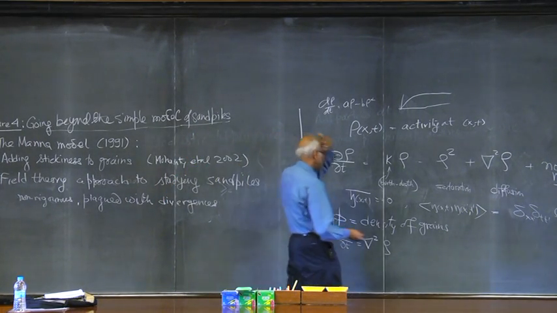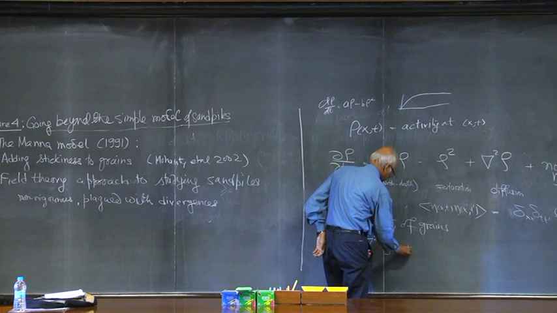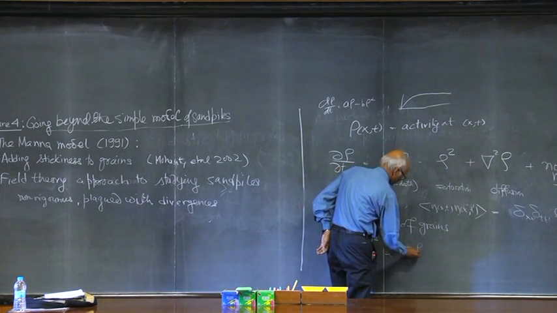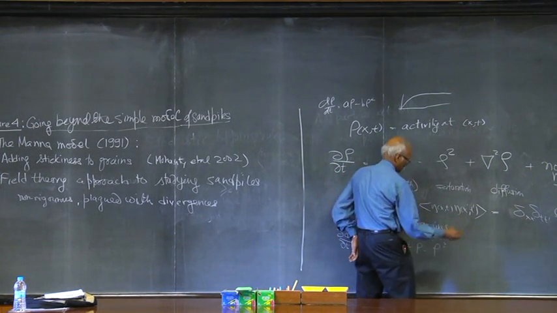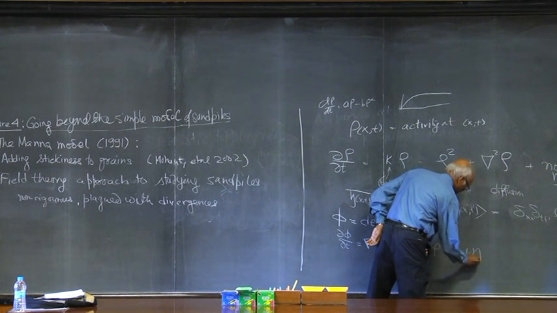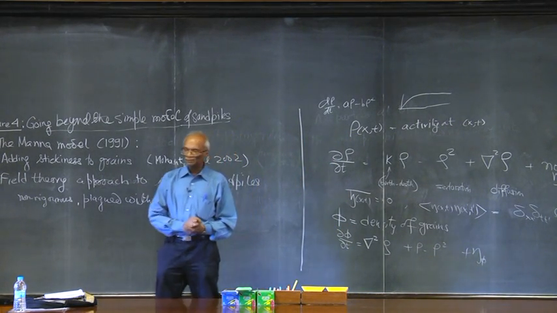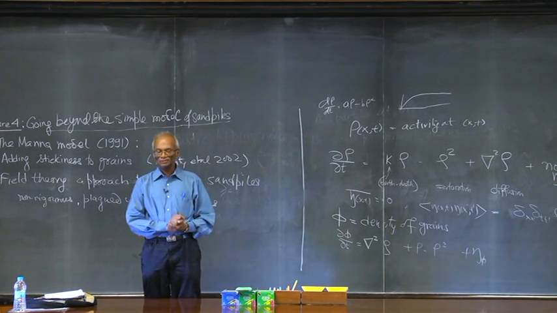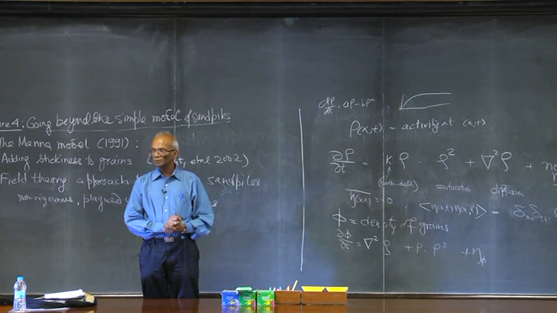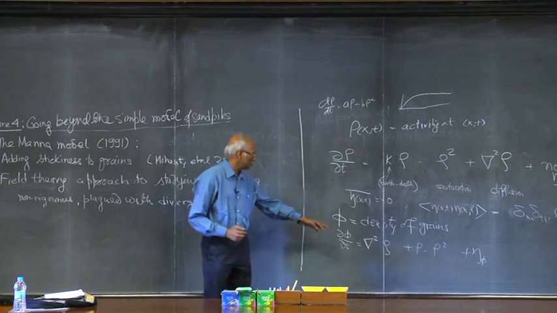In the original treatments, people have added other terms like plus rho minus rho squared plus eta of rho, eta of phi, a noise term. But then one feels that maybe these are not necessary, because that is a redefinition of phi.